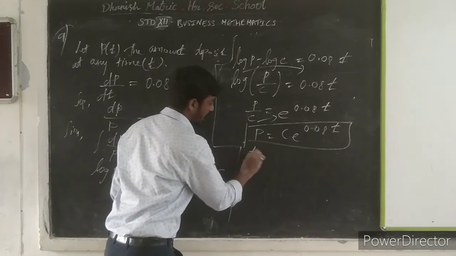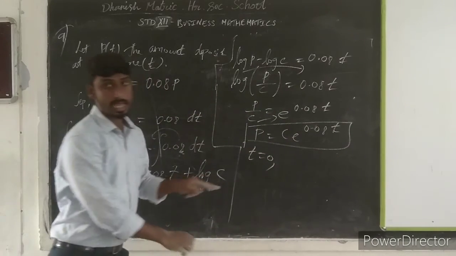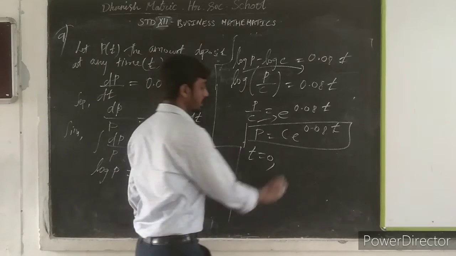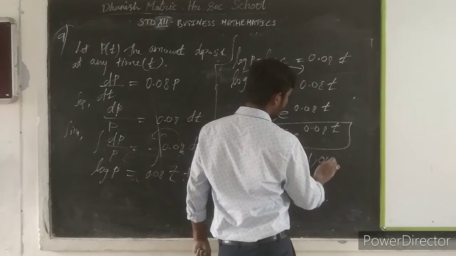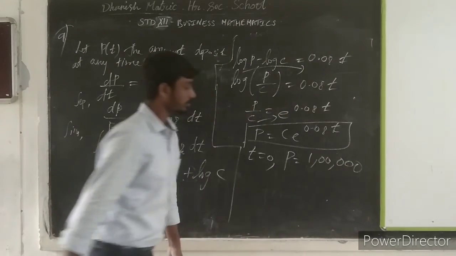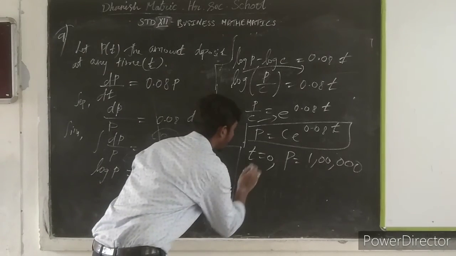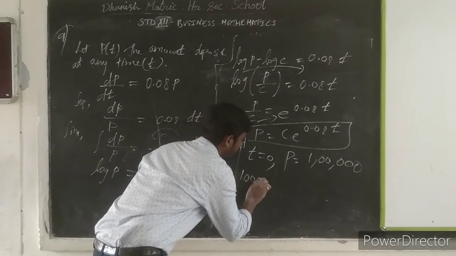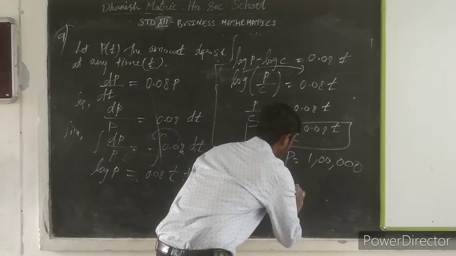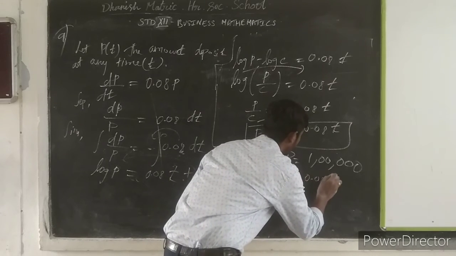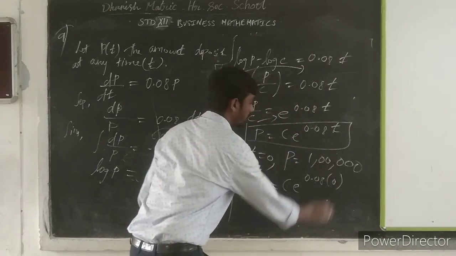Initially the time will be 0, and the man's investment P is equal to 1 lakh. Now substituting into this equation, 1 lakh equal to c e power of 0.08 times 0. The t value is 0, so that term is cancelled.